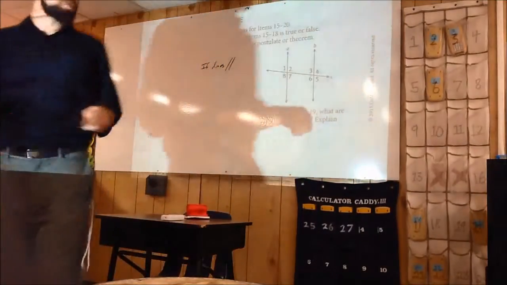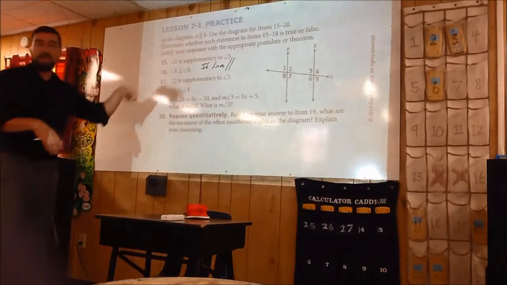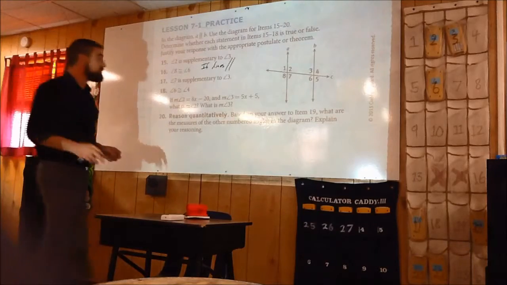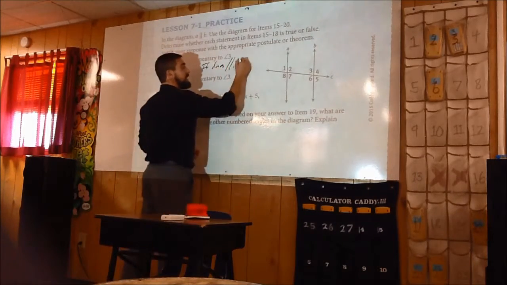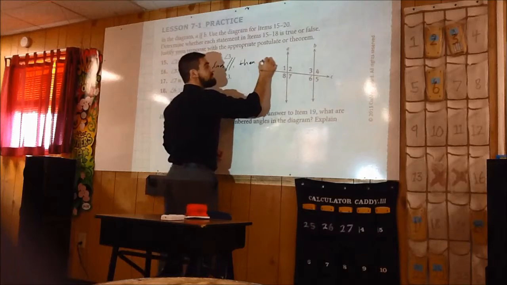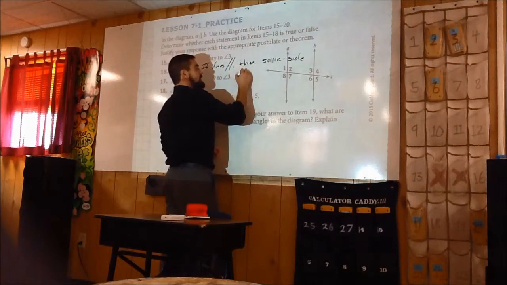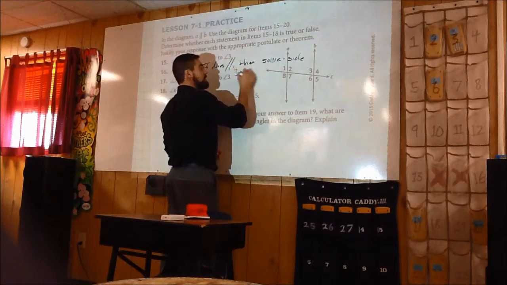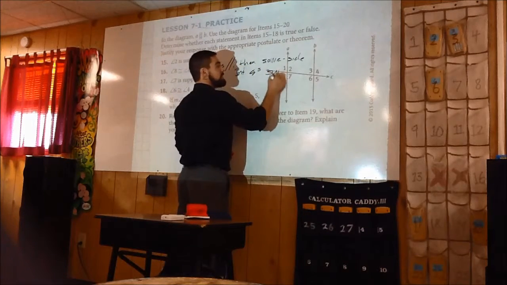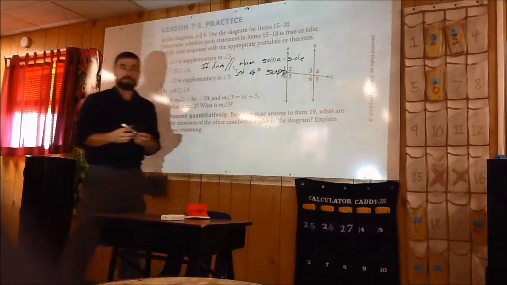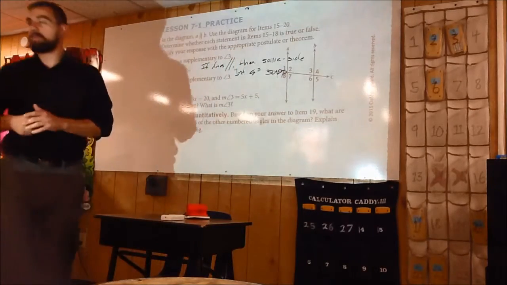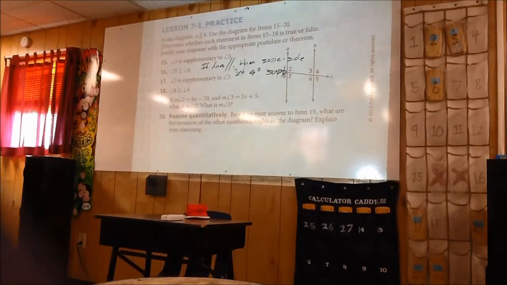So don't use angle 2 or angle 3 in your theorem. You're just writing the theorem. And the theorem states that if lines are parallel, comma, then same side interior angles are supplementary. You need the theorem for each one, because you were justifying your decision about true or false.